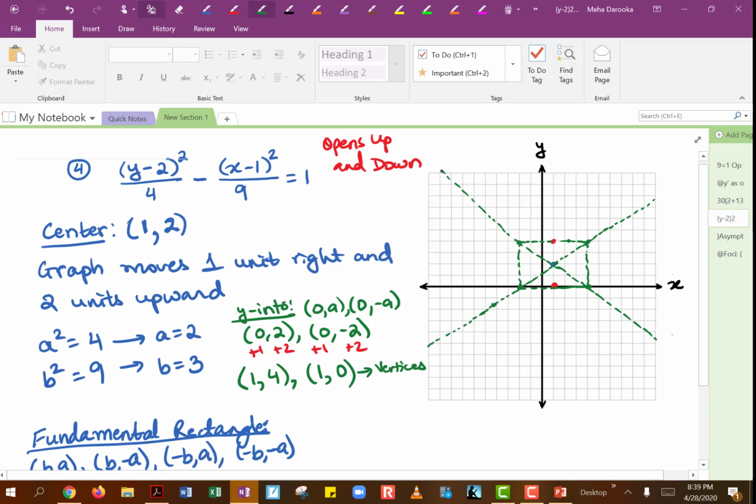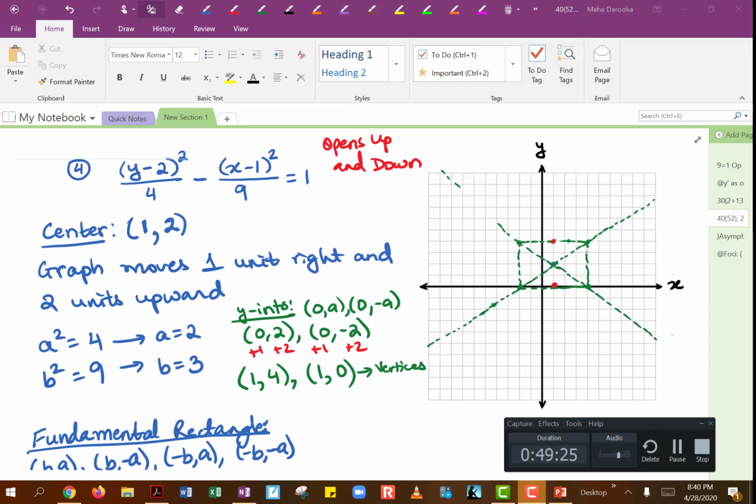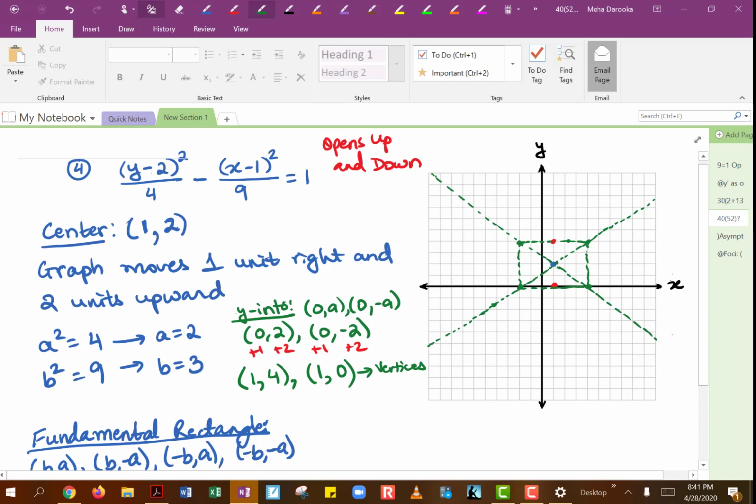I think that one didn't come out quite right, so let me try that one more time. Alrighty, so there we go. We have our oblique asymptotes now.